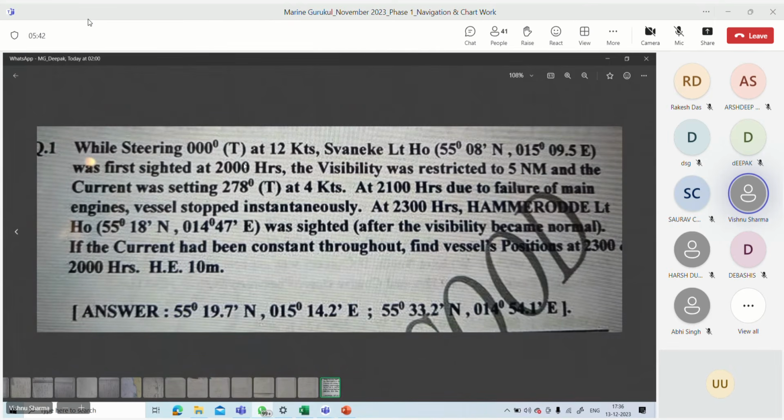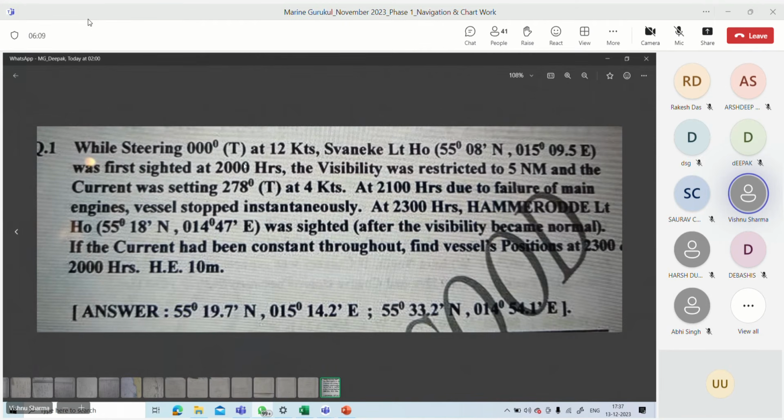There was no distance covered at reduced speed, basically an inertia stop. At 2300 hours, Hemi-Road light was sighted after visibility became normal. What do you mean by normal visibility? If the current had been constant throughout, find the vessel's position at 2300 hours and 2000 hours.